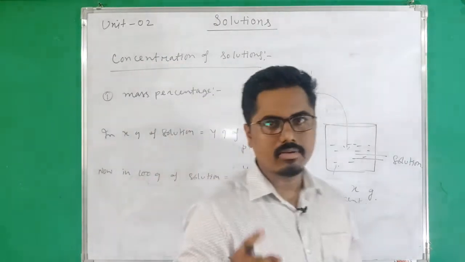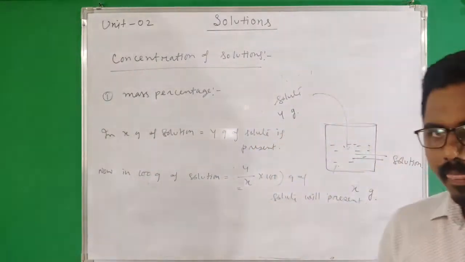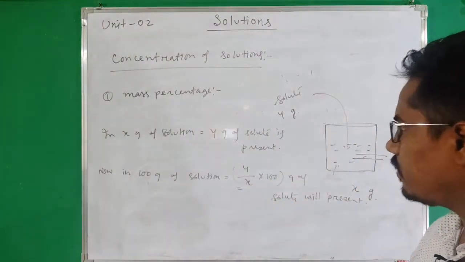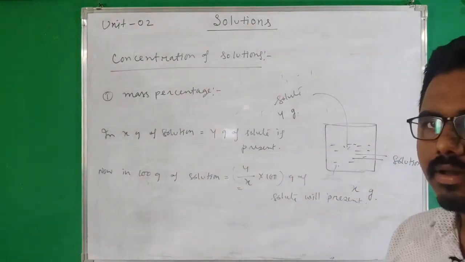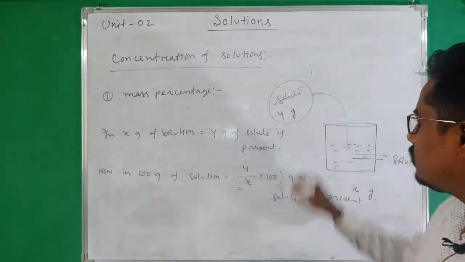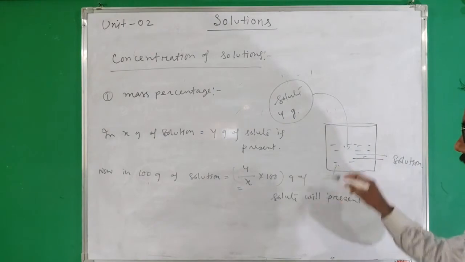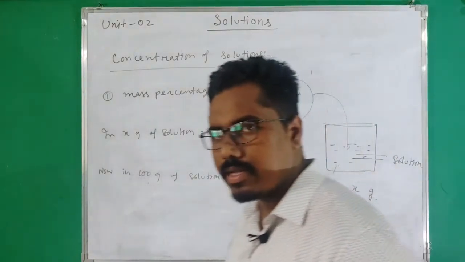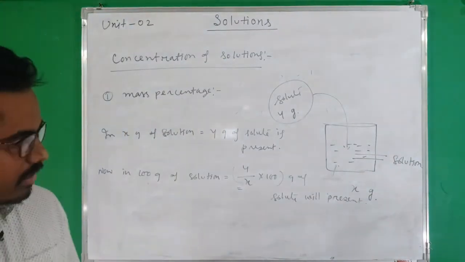That means the amount of solute present in 100 parts of the solution is known as mass percent of that solution.